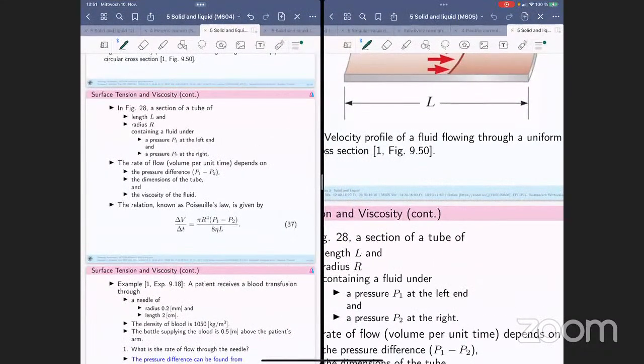I haven't visited France before, and I have zero knowledge about French. I have never studied French at all. Poiseuille. Okay, it's the equation by Poiseuille, and as that guy said, he is a French physicist.